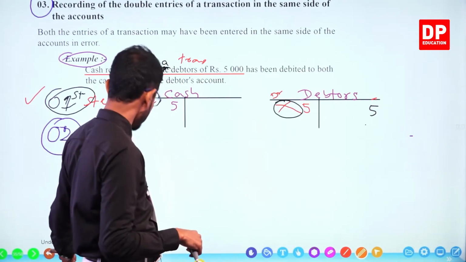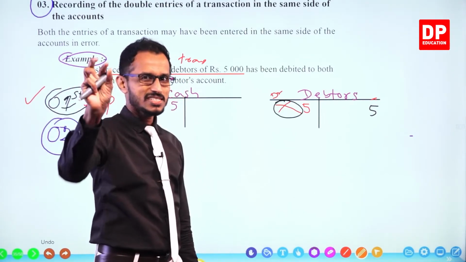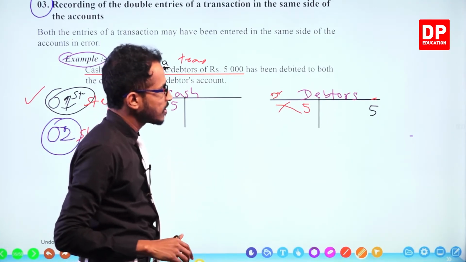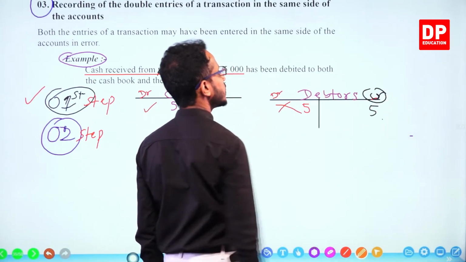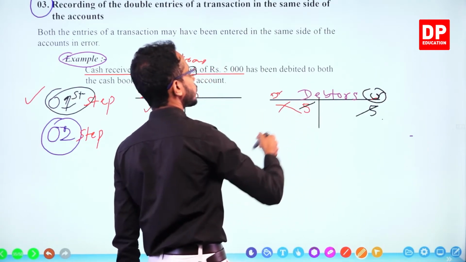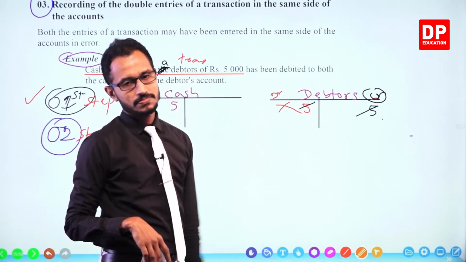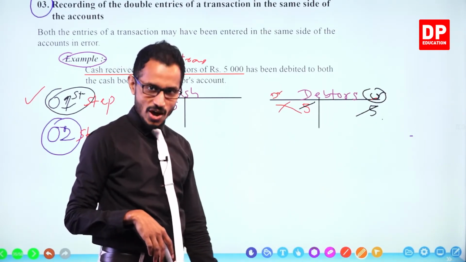Children, it's not done. No. You missed something. You missed a little part. What did you miss? If you credit 5,000 here, this 5 will be cut off to this 5 and there will be nothing in the debtors account. Nothing remaining in the debtors account. You got it?